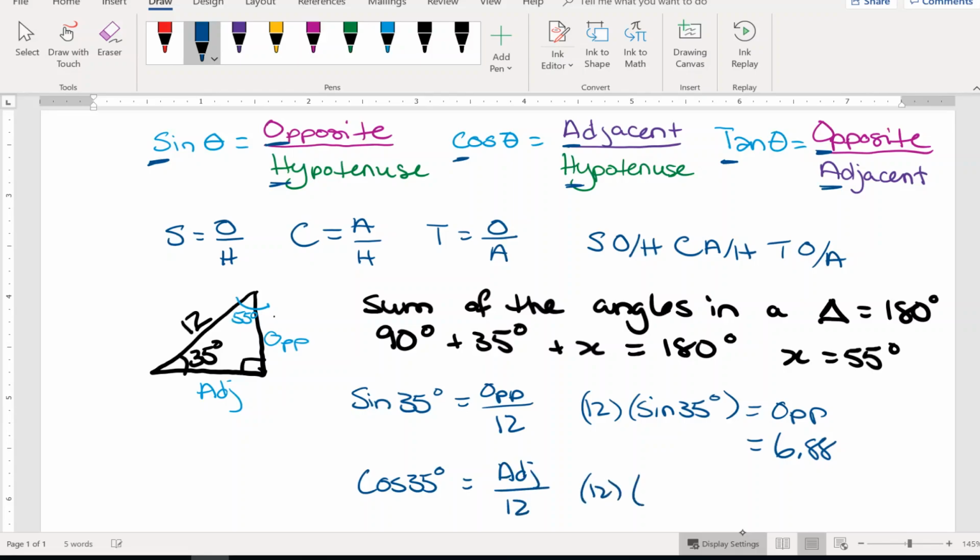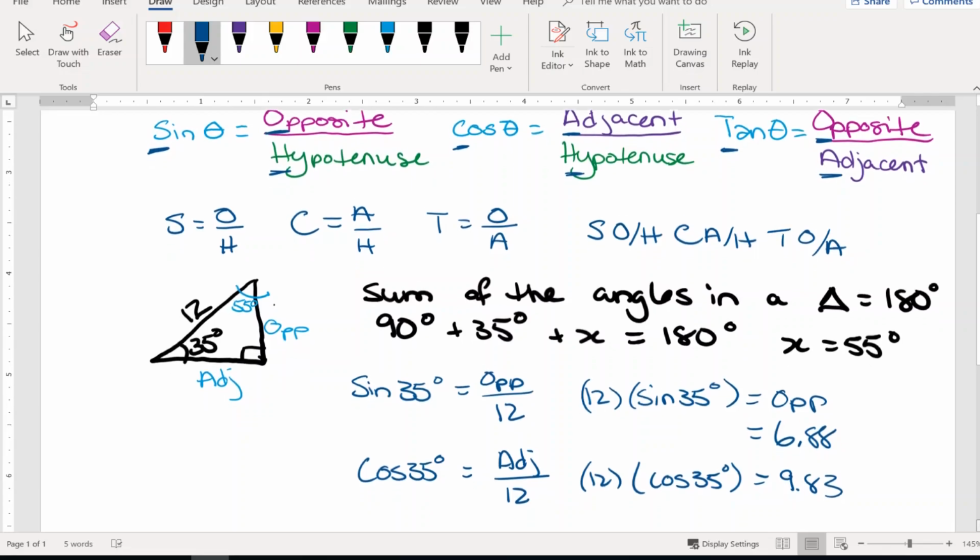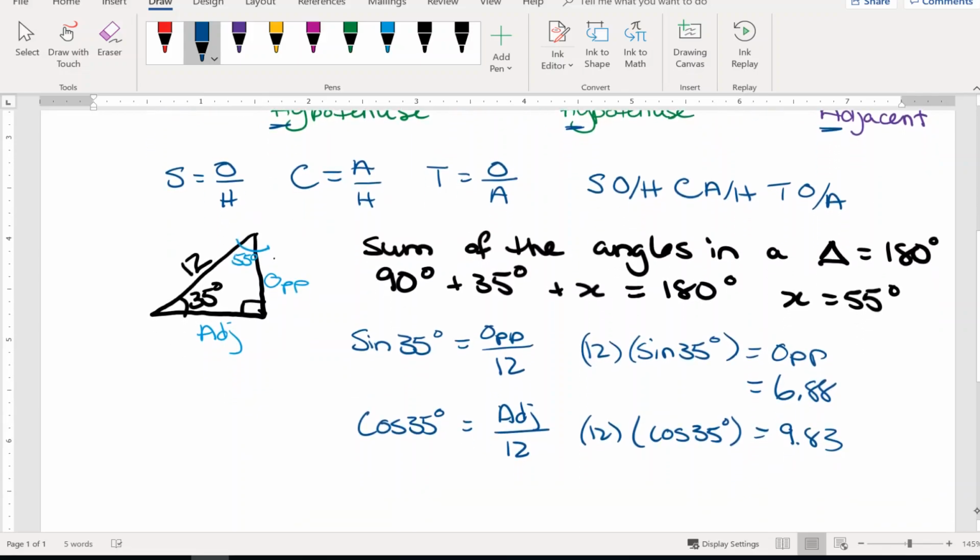So 12 times cos of 35 degrees. And if we multiply this out, then we should get 9.83 for our adjacent side. So this side is equal to 9.83, and this side was equal to 6.88. And now we've solved for this triangle. We found all the missing sides.